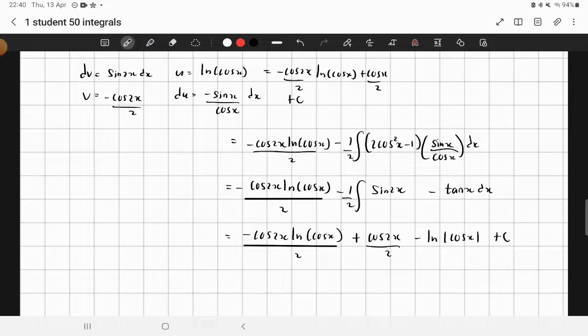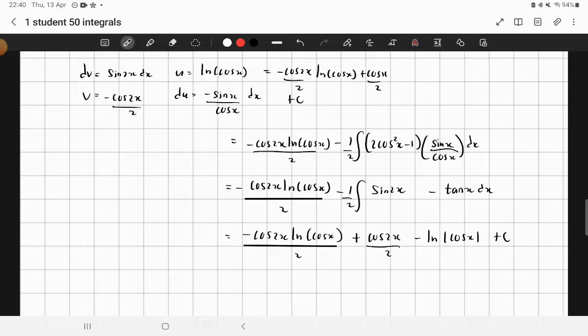And I believe I have to put the absolute value here, so divided by, oh no, this has to be divided by 2. Wow, we have different answers.